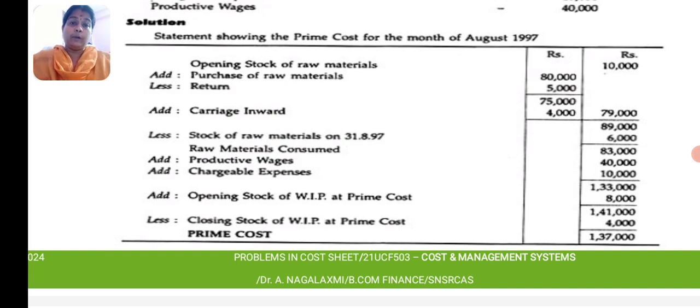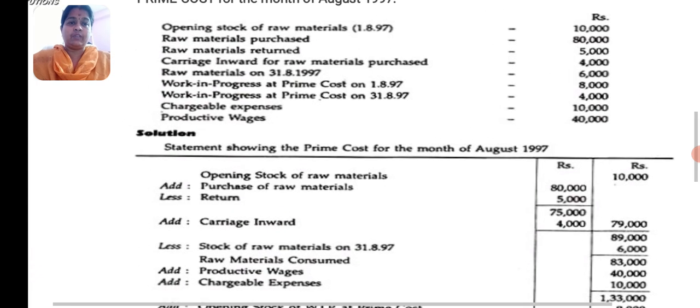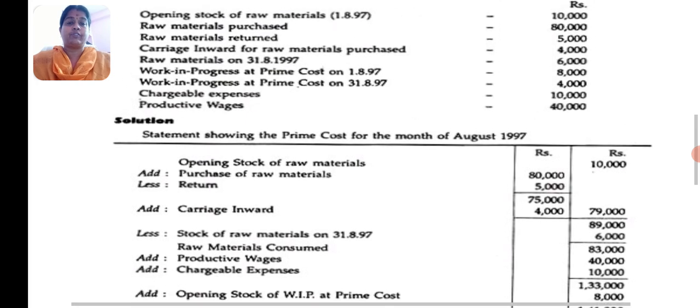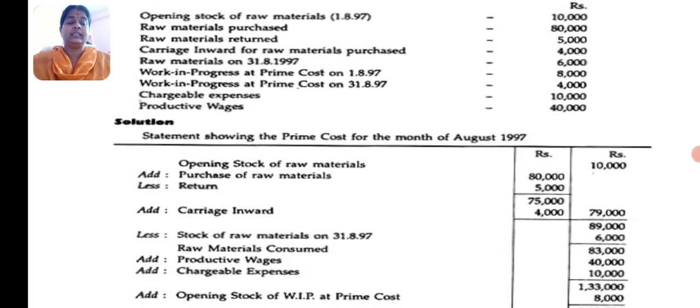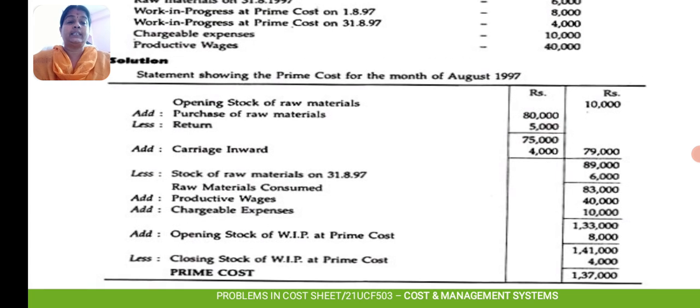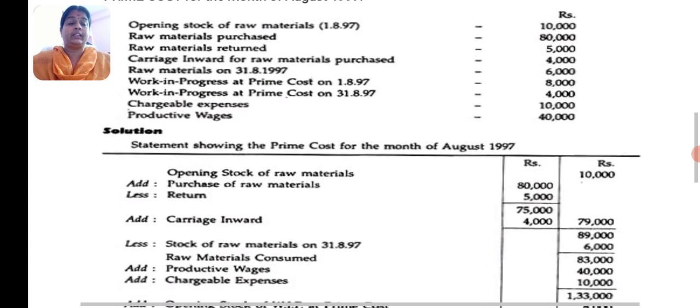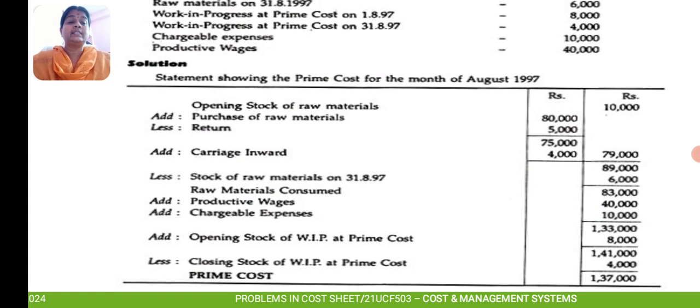Opening stock of raw material is 10,000, which is given in the problem. It should be written in the outer column. Add purchases of raw material, 80,000 given in the sum. Less return, 5,000.